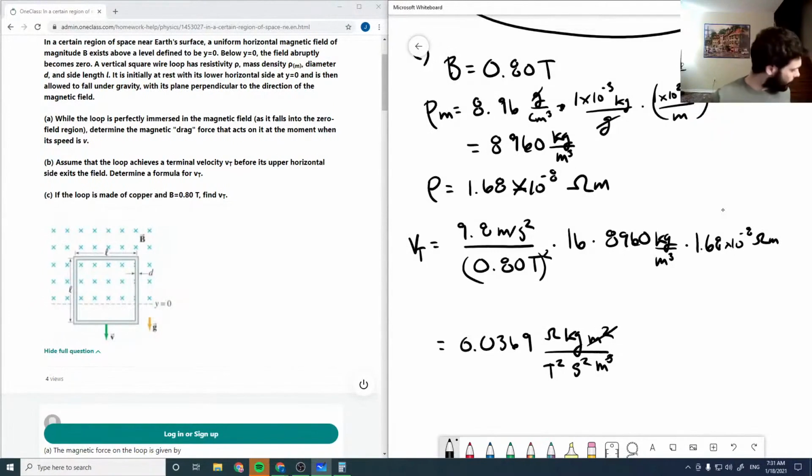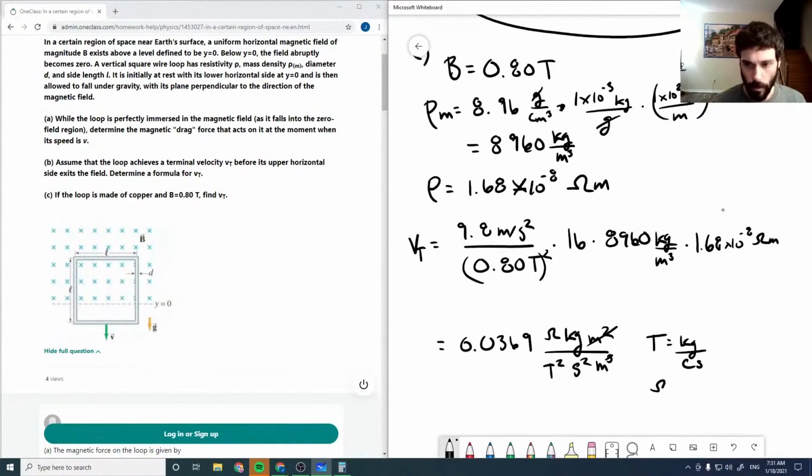I have this here: a Tesla is a kilogram per coulomb second.